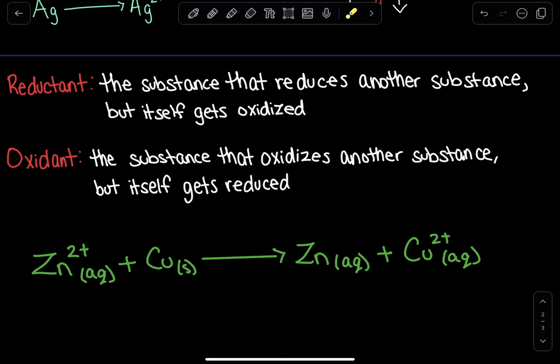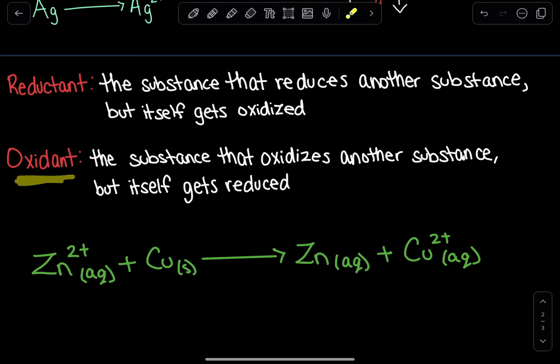But those electrons are going on to another substance, and that substance will be gaining electrons. So essentially what a reductant does is that it donates its electrons, it becomes oxidized, so something else can become reduced. So a reductant is the substance that reduces another substance, but itself gets oxidized. So once again, a reductant will oxidize. It will donate its electrons to another substance, and that other substance will be reduced.